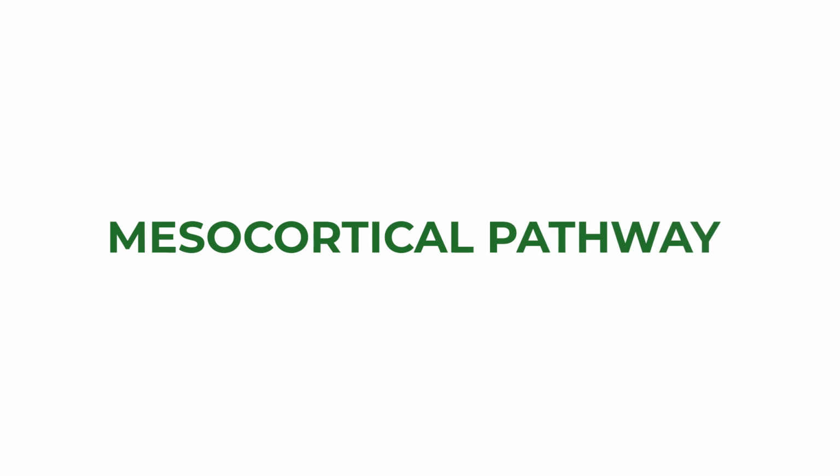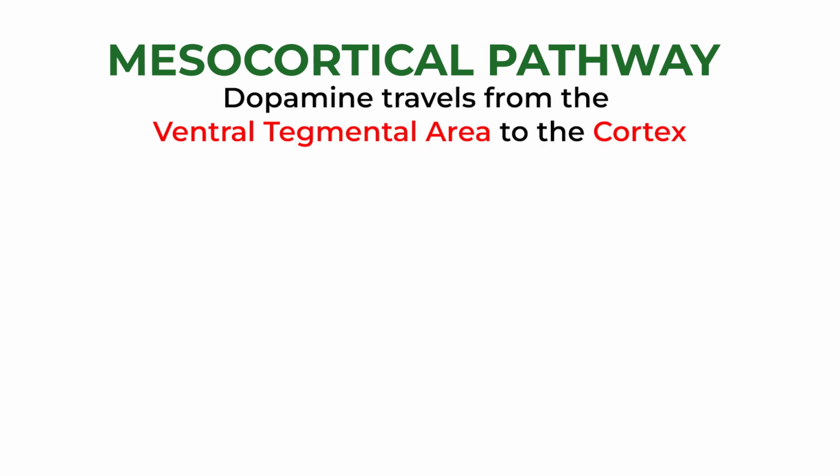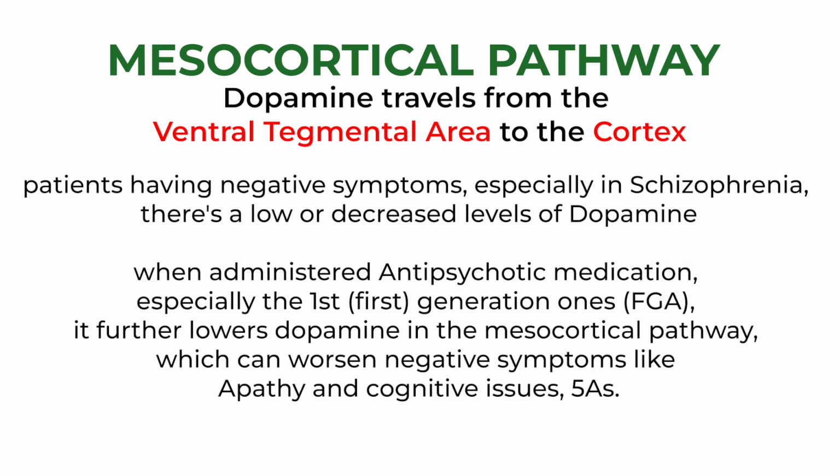So that takes us to the mesocortical pathway, which is the second pathway. This pathway is also needed in context of psychosis and schizophrenia. The dopamine is going to be traveling from the VTA to the cortex. But in this pathway, the patient is presenting with what? Negative symptoms.